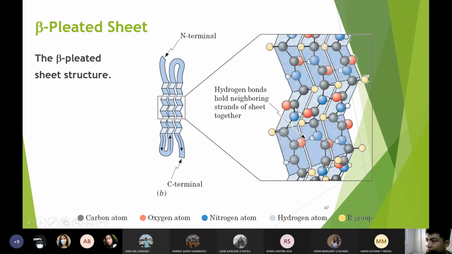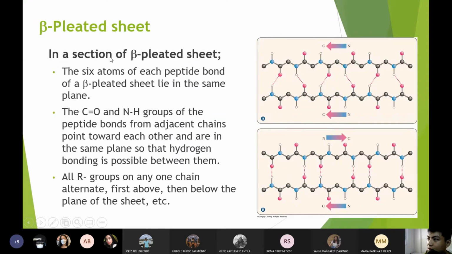So what is there? Of course, they can also do hydrogen bonding, but their motif is different.